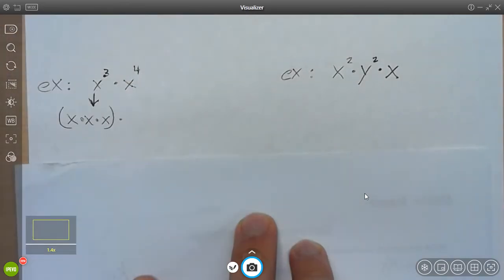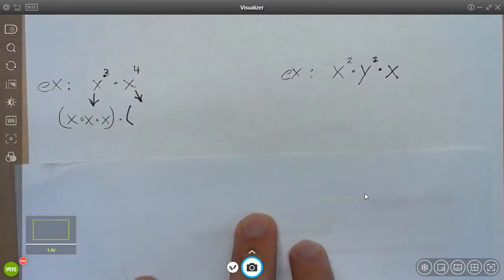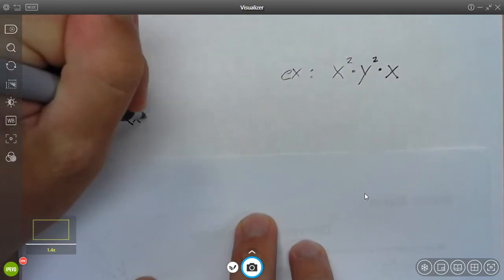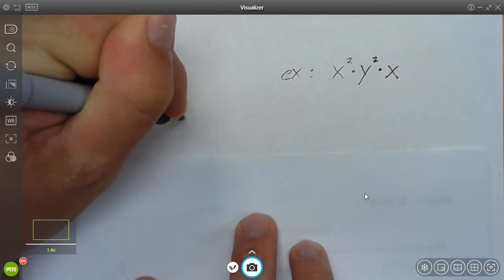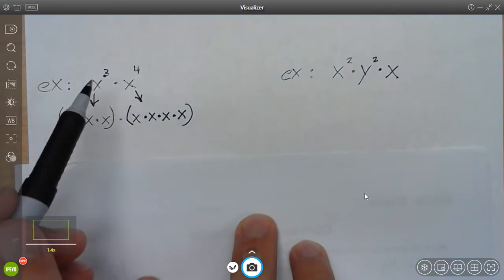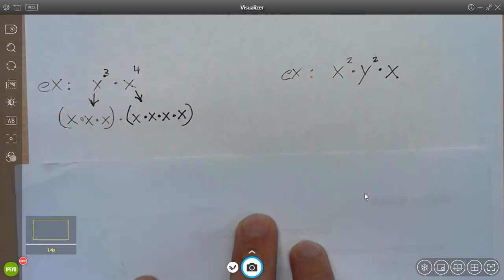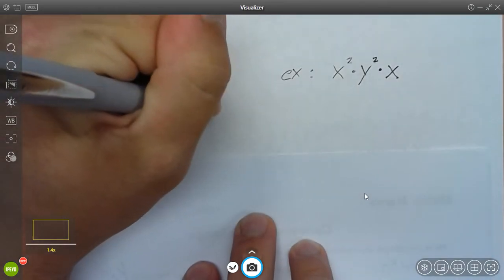I'm going to multiply it by the other group, x to the fourth power. That's x multiplied by itself 4 times. And what you should see overall is that we have x multiplied by itself a total of 7 times here. So this actually ends up being x to the 7th power.